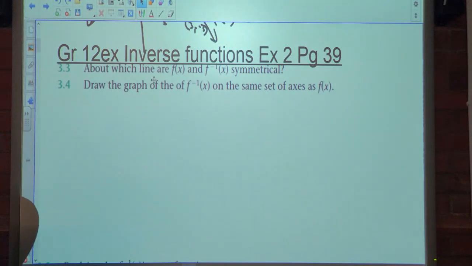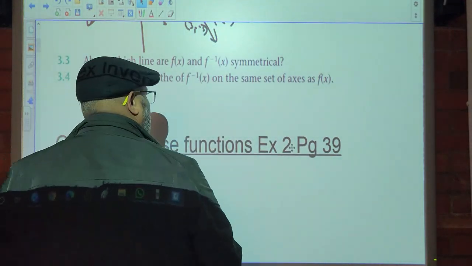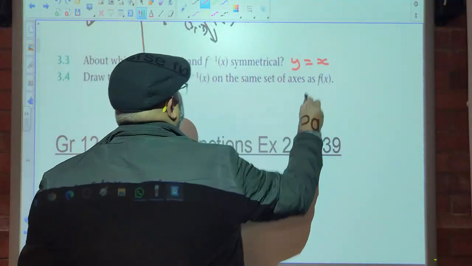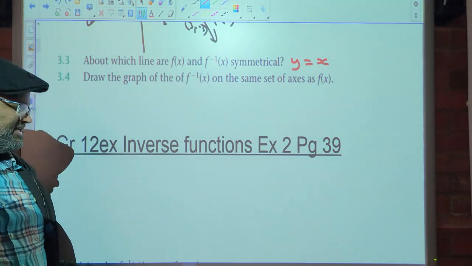3.3. About which line are f and its inverse symmetrical? About the line y is equal to x. Draw the graphs of f and its inverse on the same set of axes as f.